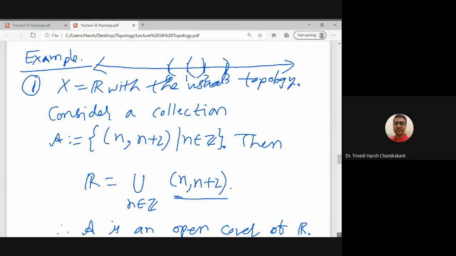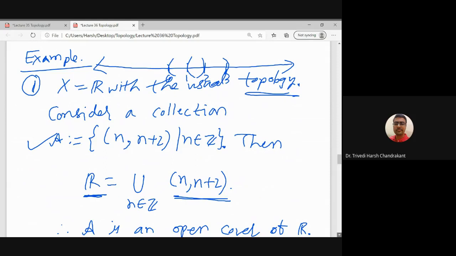And these sets are open with respect to the standard topology. So this collection of open sets is an open cover of R with respect to the standard topology.